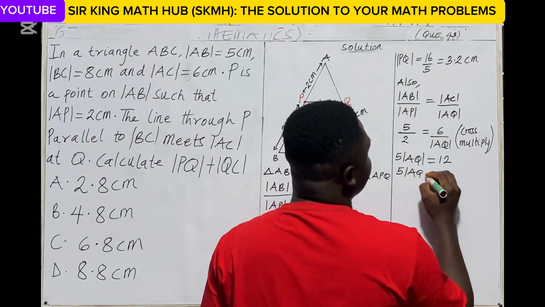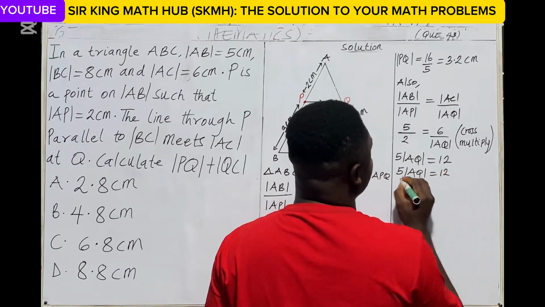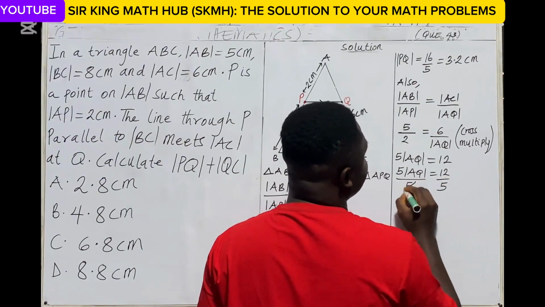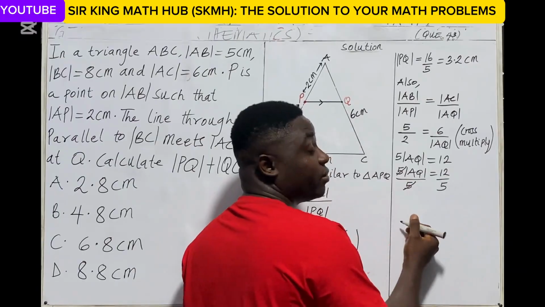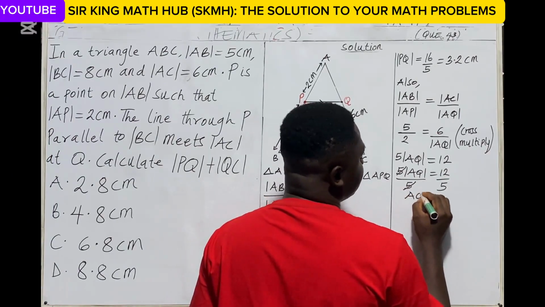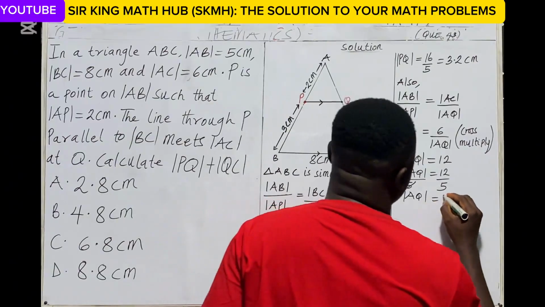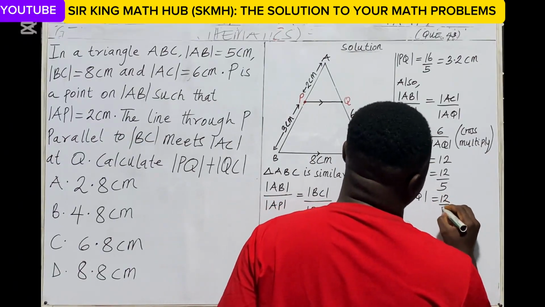We are looking for AQ for now. So we divide both sides by the coefficient of AQ. So the 5 will cancel out, leaving the length of AQ as 12 divided by 5.